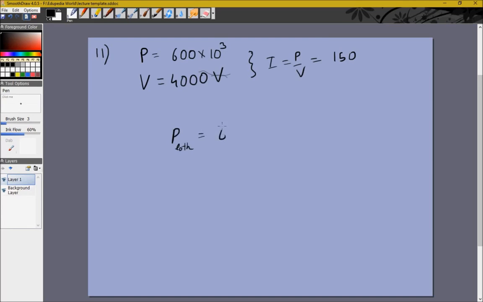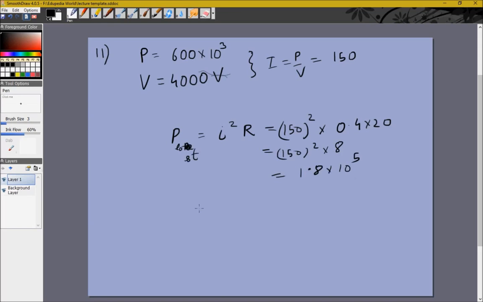Power lost is equal to I square R is equal to 150 squared into 0.4 ohms per kilometer into 20 kilometers, which is 150 whole squared into 8, which is 1.8 into 10 to the power 5, right? So this is the power lost.